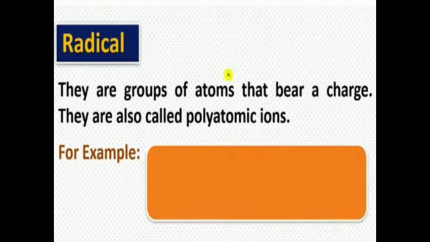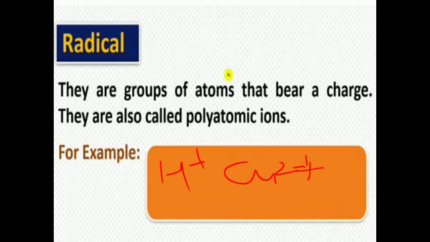If we take the example of hydrogen, it is H plus, that means it has a positive charge, and the valency, or we can say the charge, is 1 because here no numbers are there. Another example is Cu2 plus.